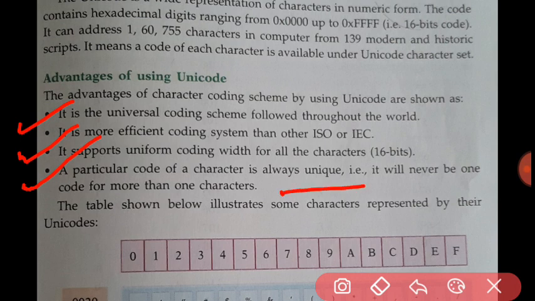Remember, all the characters will have a unique address. It means whenever we press any key on the keyboard, one value is assigned for that character, letter or digit.